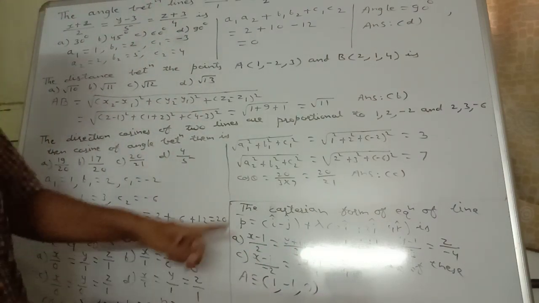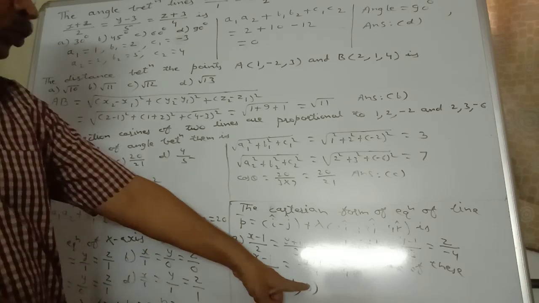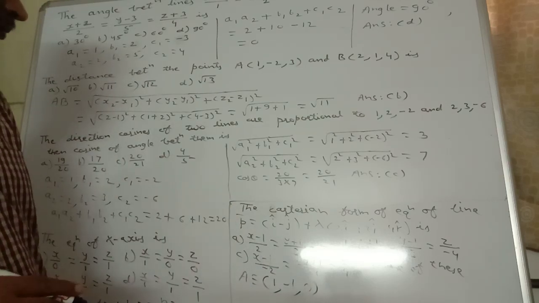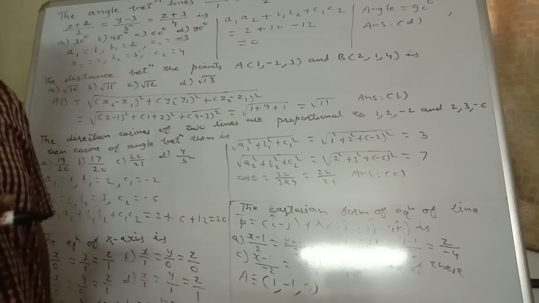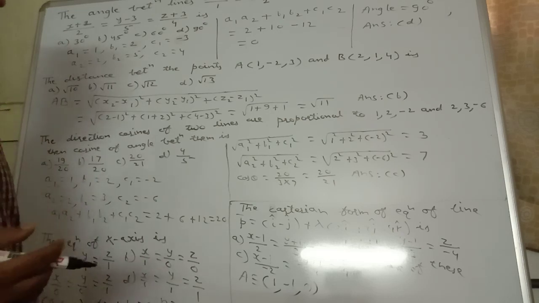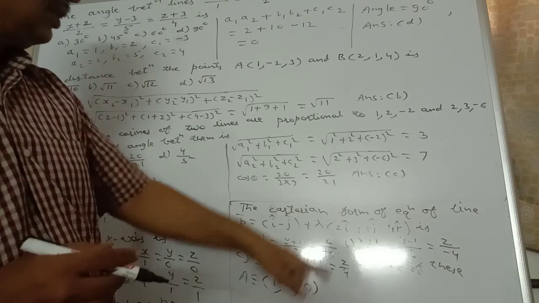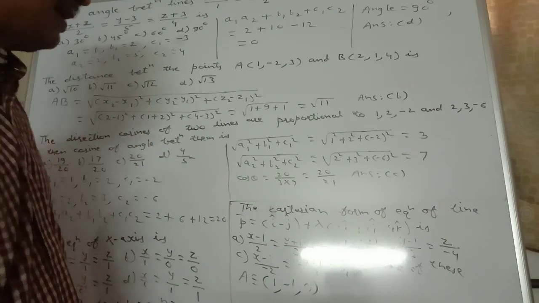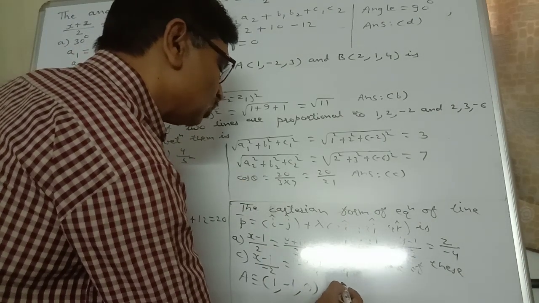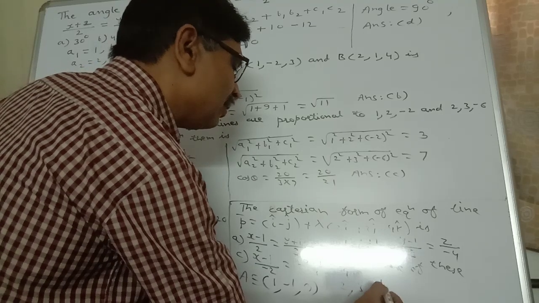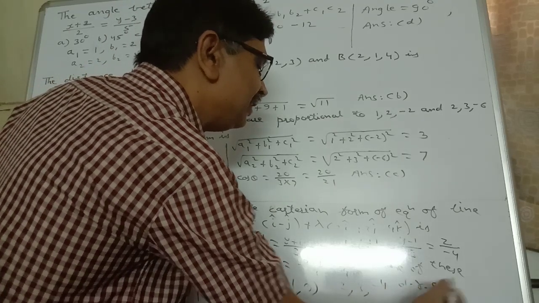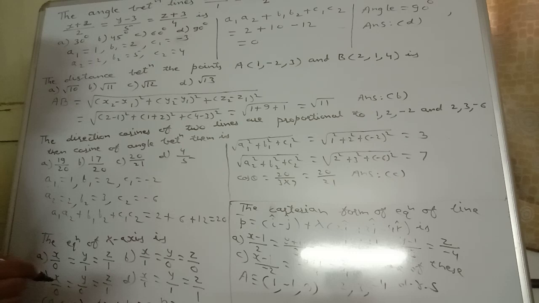It means that this line passes through the given point. Then direction ratios of the line. This is a vector parallel to the given line. In that, the coefficients of i, j, k are the direction ratios. 2, 3, minus 4 are the direction ratios of the line.